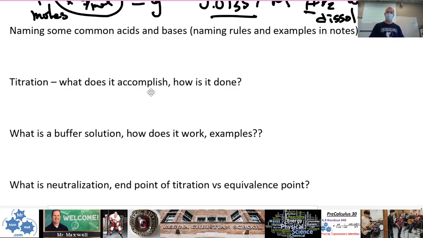So a titration, okay, and we're not necessarily doing this, this is one of your questions: how much did this antacid tablet move the pH? You can calculate that. But titrations normally are used to determine an unknown concentration of some kind of acid.